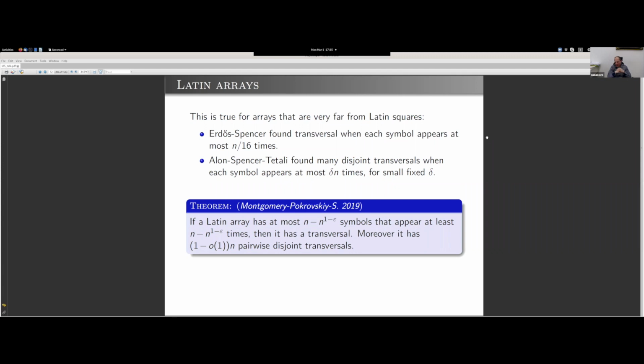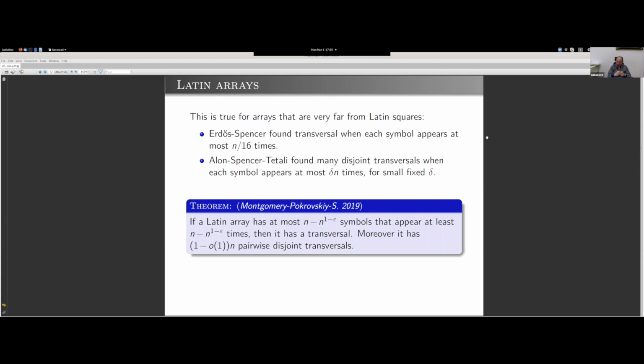You can read the numbers, but let me tell you what it basically says. You look at your Latin array, and obviously, because it's an array, every symbol can appear at most n times. So you look at symbols which appear almost n times, and you count how many of them you have. For example, in a Latin square, you have n symbols appearing n times.